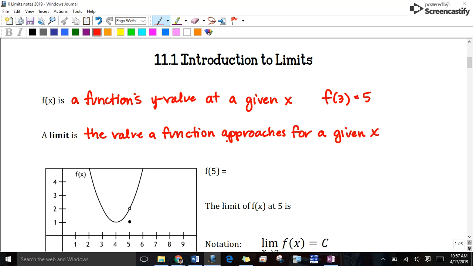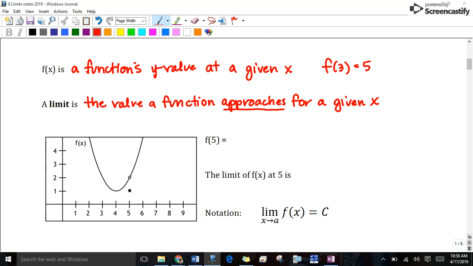So you can see the big difference is it's not a specific value for the function. I'm not going to be able to say the ordered pair is this, but it's something that my function is getting really close to around that given x. So we're going to start by looking at some graphs today and see how that looks on a graph. And then we'll get more algebraic as the chapter progresses.